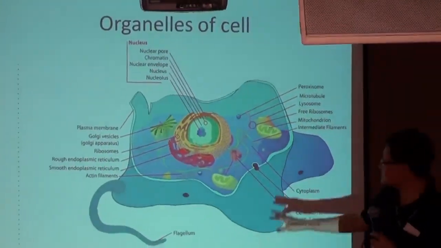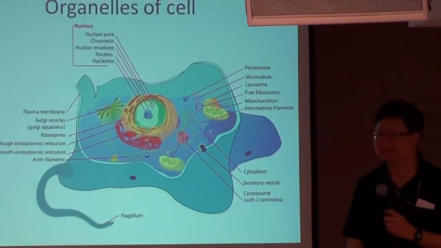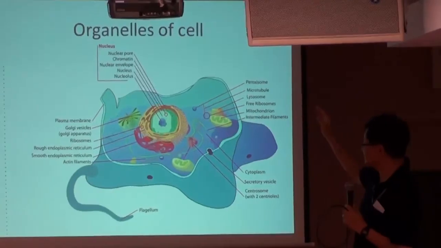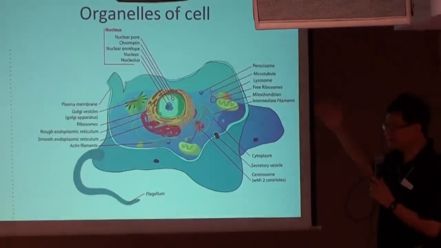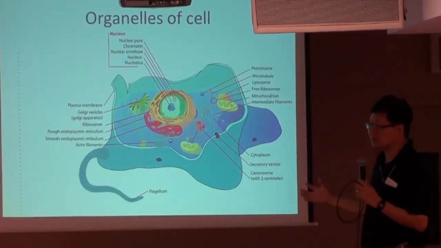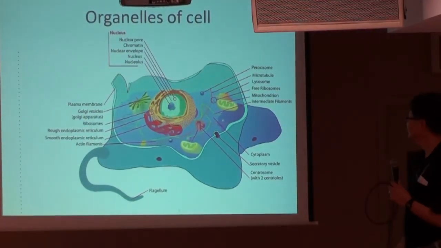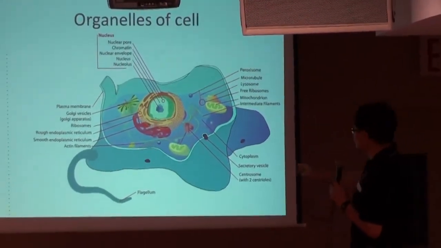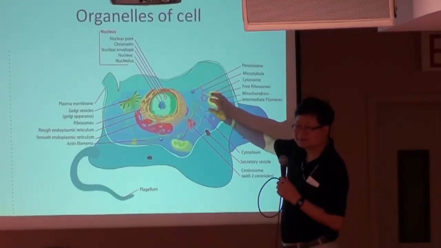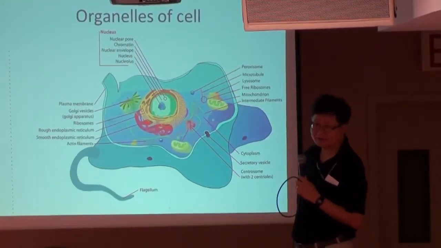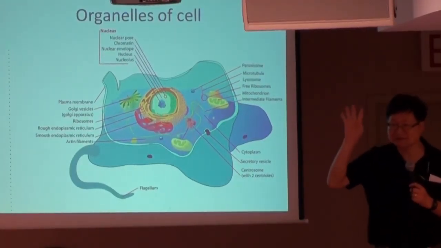All of them work together to become one cell. This is actually like a chemical factory. So many things are going on inside, and everything has to work together. That's how living things can live. So what is the name of each component? Organelles. Yes, organelles. So a cell is composed of organelles. It's not difficult, right?